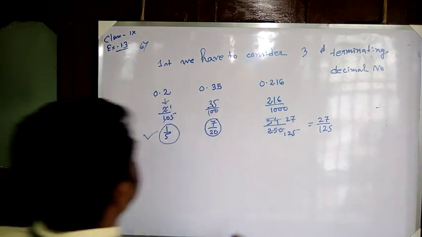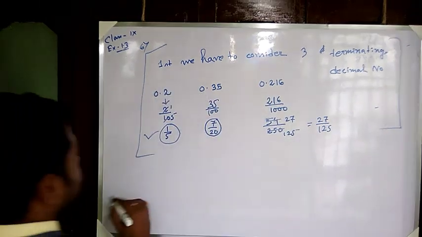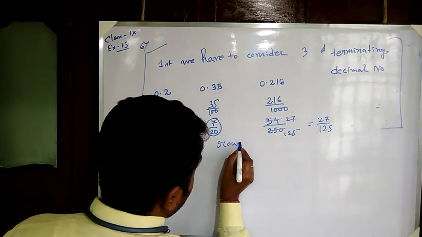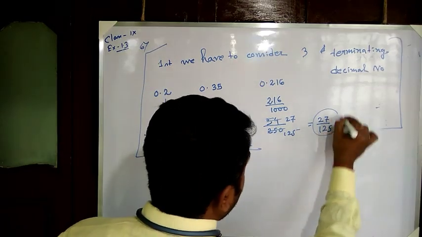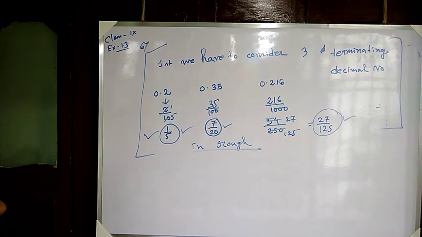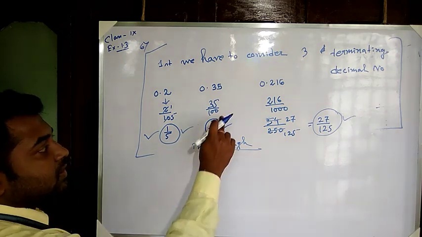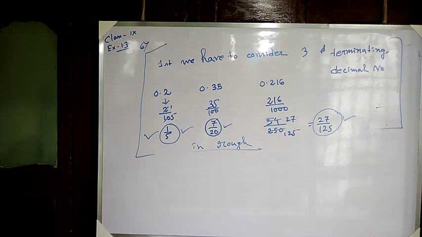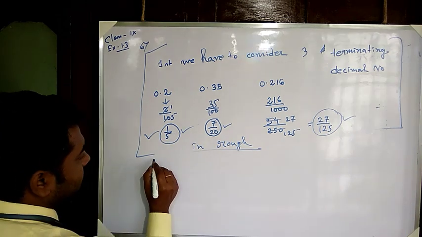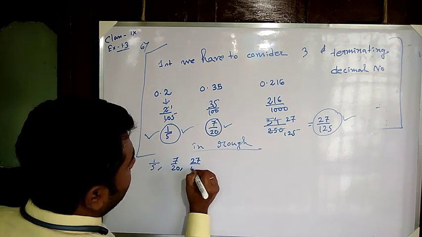You will do this part in rough, because now you have genuine p by q format, which has only 1 as the common factor. See, 1 by 5 is only divisible by 1, 7 by 20 is only divisible by 1, 27 by 125 is only divisible by 1. So now the examples are 1 by 5, 7 by 20 and 27 by 125.